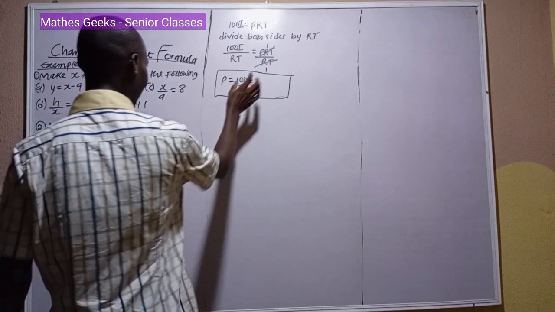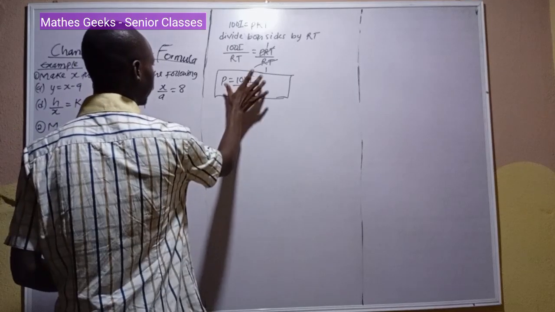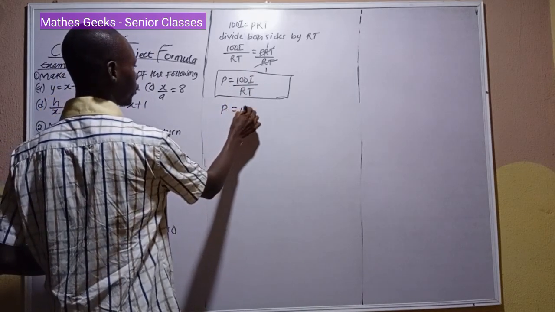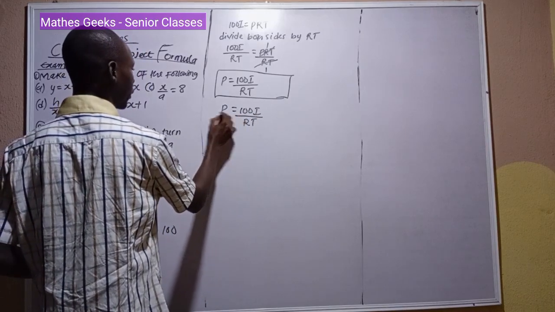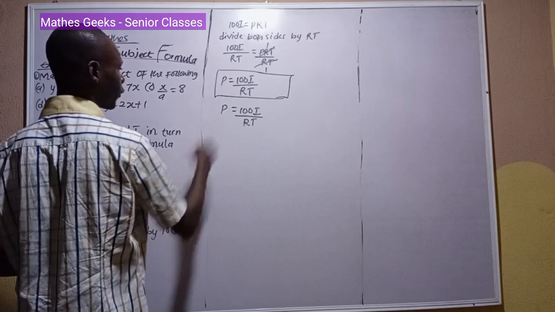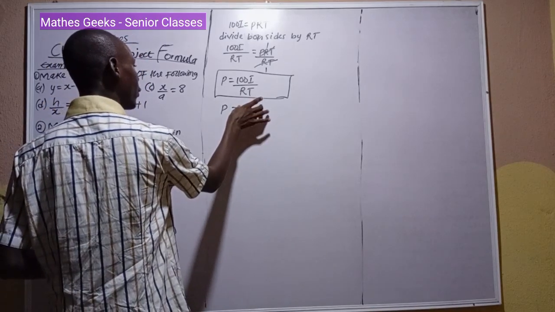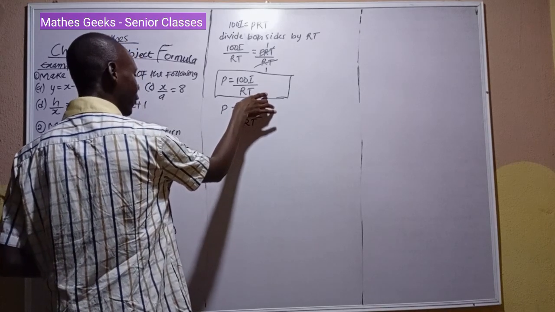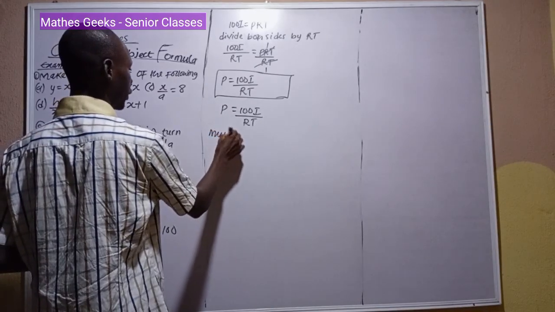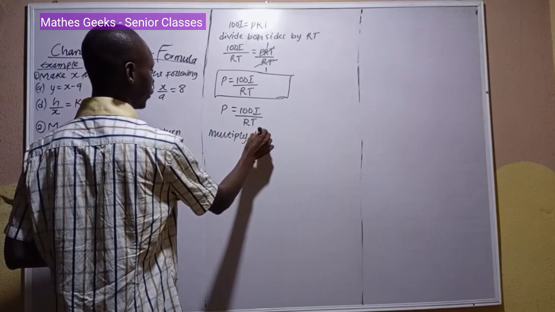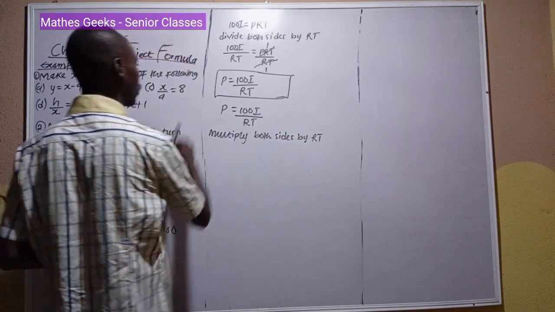So the next one is our rate. We can get our rate directly from here, or we can also get it from here. So let's say we want to get our rate from this formula, P equals 100I over RT. Since the rate we want to make the subject is down here, and it's related to what we have on the numerator side of the fraction by division, we're going to multiply both sides by RT.